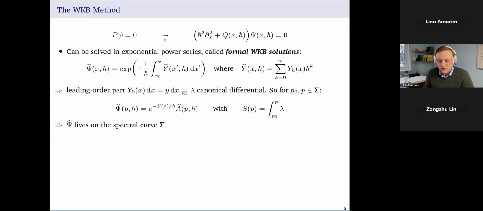Otherwise, I need to replace this with a path, or a homotopy class of a path, on the spectral curve starting at this base point P naught. It's such a simple observation, but it's absolutely crucial to Resurgence, which hopefully I'll make clearer, maybe not today, but next week.